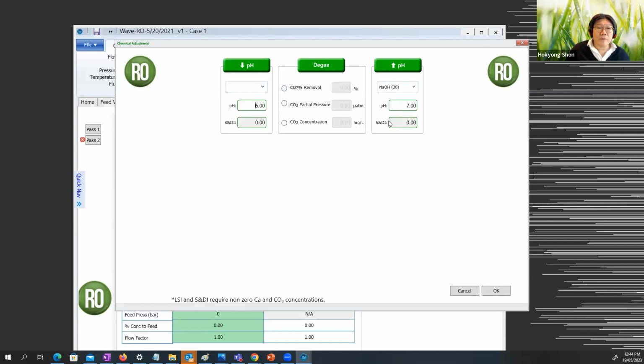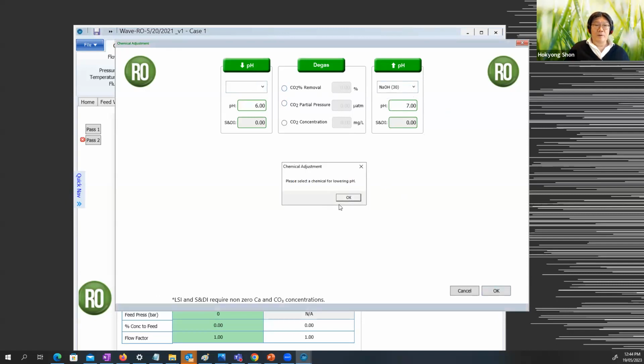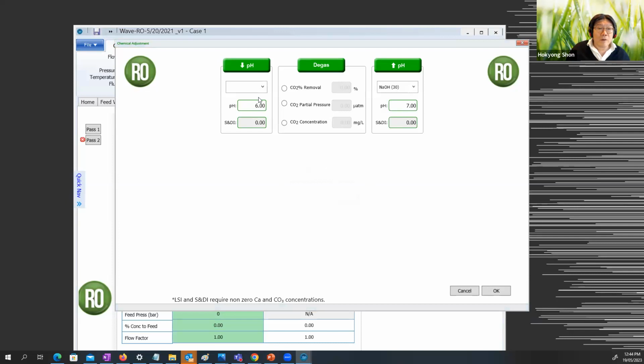I have to put this value. I want to deactivate all the pH adjustment in the RO system.